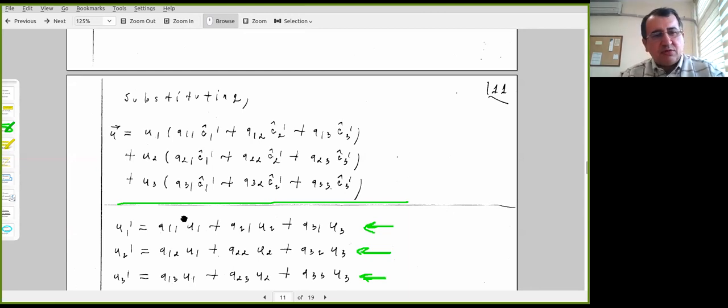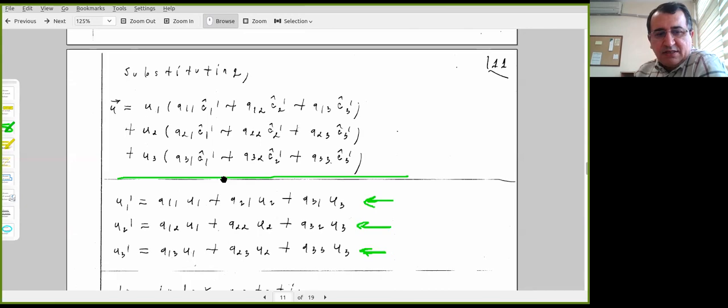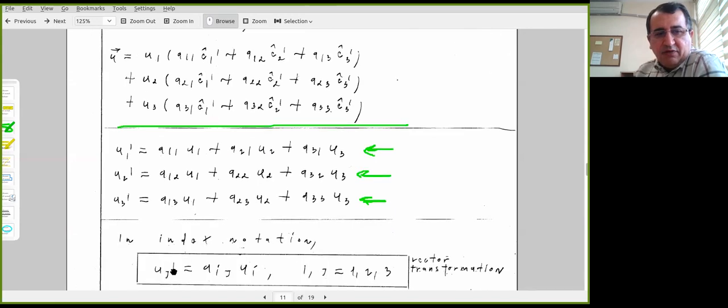And why did we introduce index notation at the outset? To simplify this representation. We don't need to write all equations all the time. You can show this vector transformation as a single equation in index notation. If I assume that the subscript is j here, vj prime, I have a summation over 1, 2, 3.